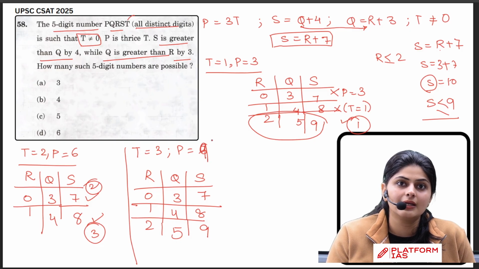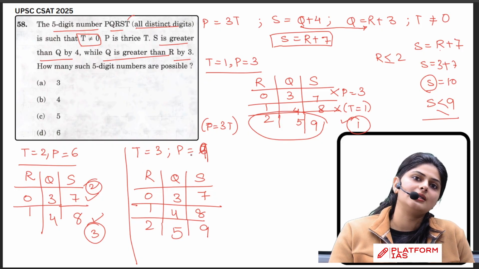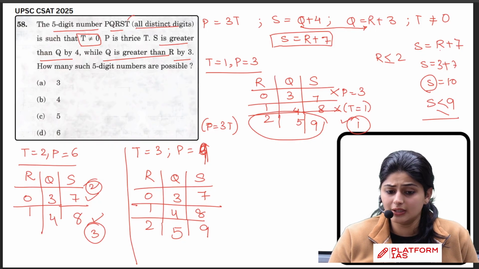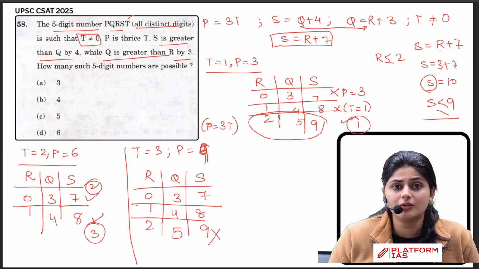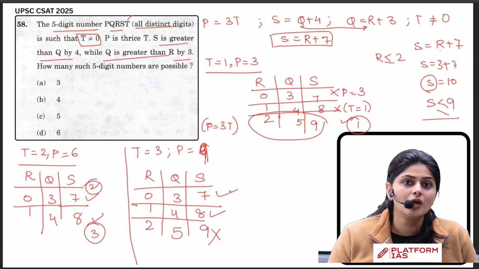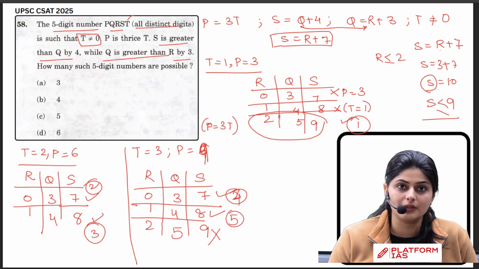P is 9 because T is equal to 3, P is equal to 3T, so 3 threes are 9. So the value of P is 9. The pair 5 and 9 cannot work, because S cannot be 9 as P is already 9. So we have two possible numbers. So this is the fourth possibility. This is the fifth possible number.